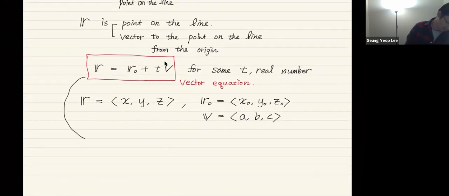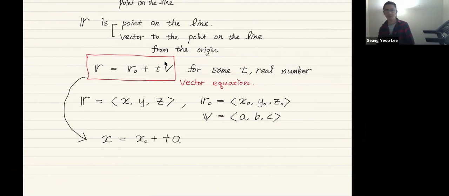Then this becomes what? The first entry of both sides: on the left side is x, and on the right we have the first entry of R naught, which is x0, plus t times a. Does it make sense?